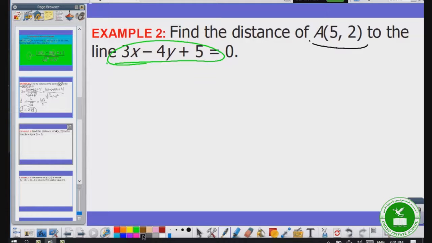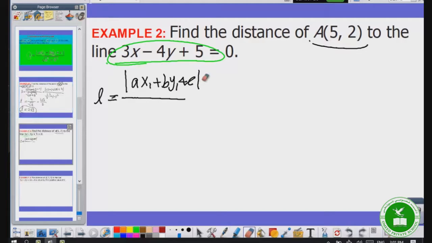Okay, let's calculate. Again, we use that simple formula. L is equal to the absolute value of A x1 plus B y1 plus C divided by the square root of A squared plus B squared.